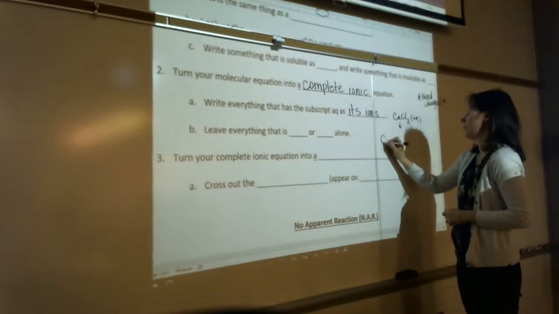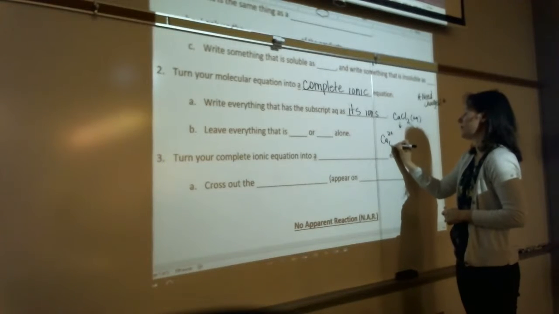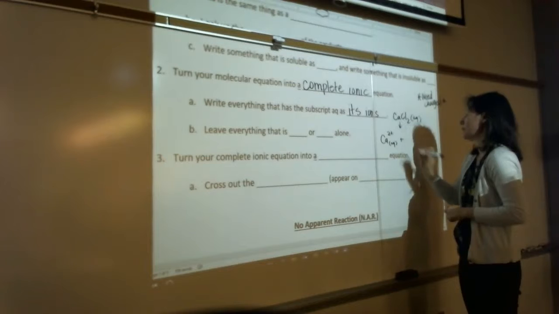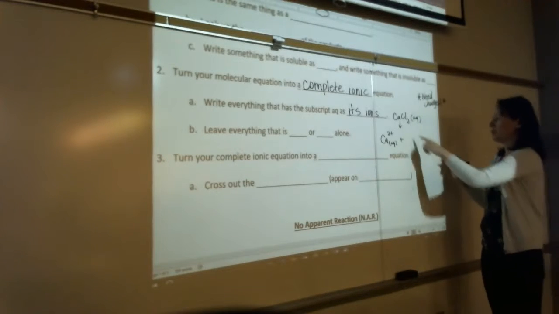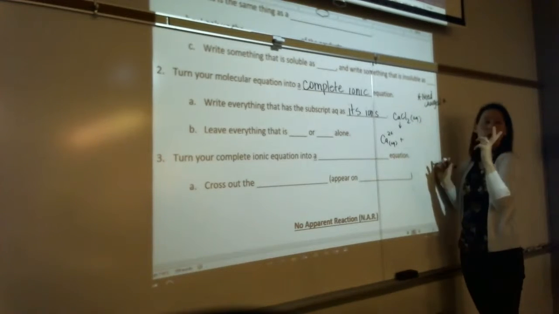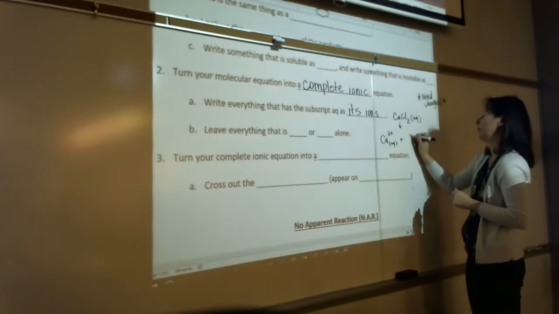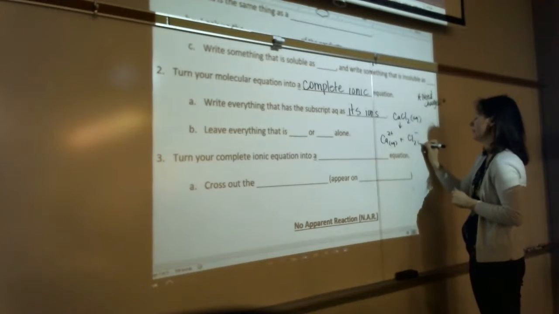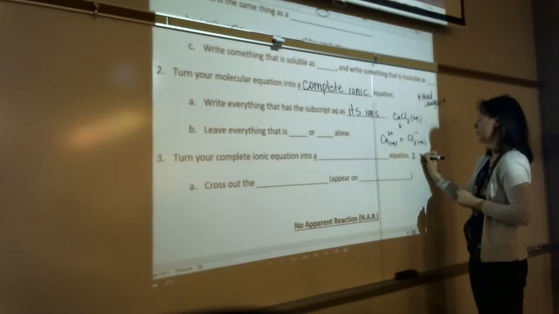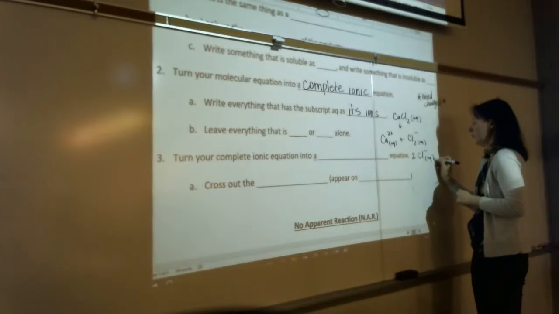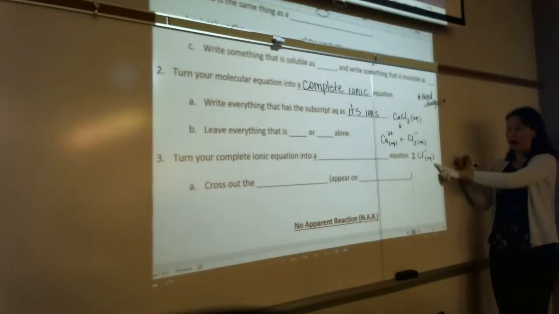That becomes Ca2+(aq) plus what? There's a subscript of 2 here. I'll give you the two choices. You pick the correct one: Cl2 2-, or 2 Cl-. Which one is it? It's the bottom one.